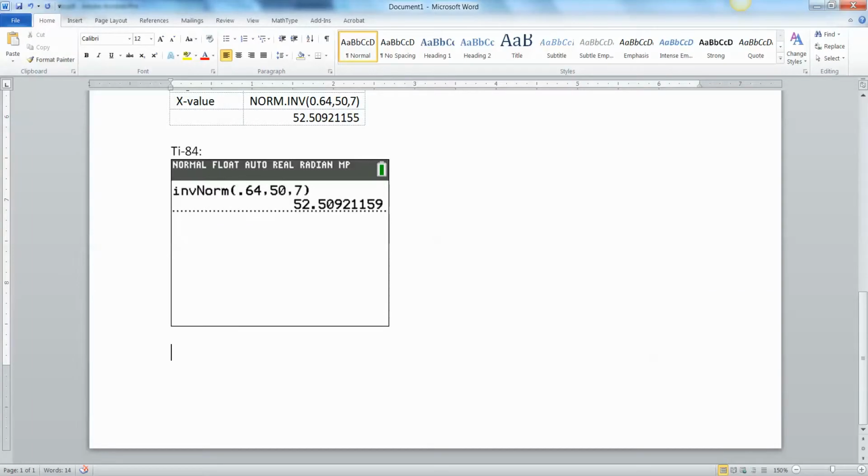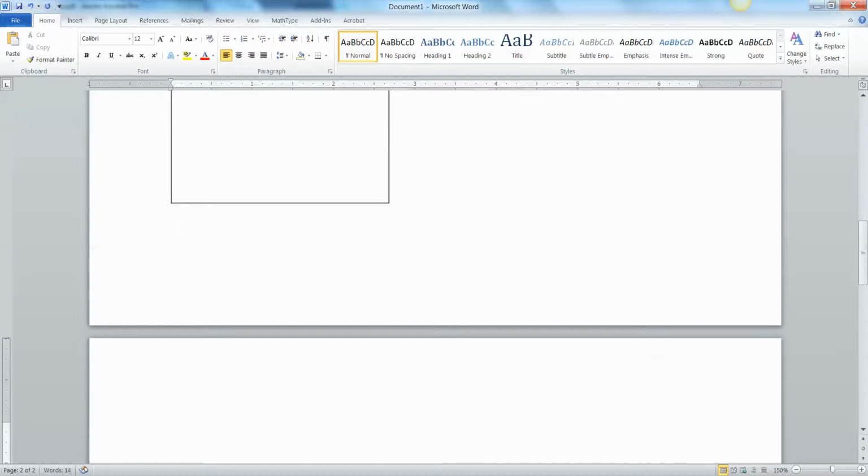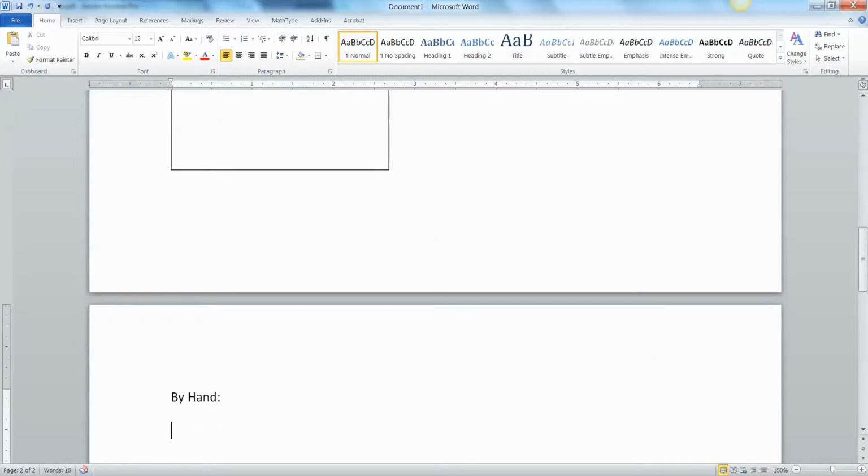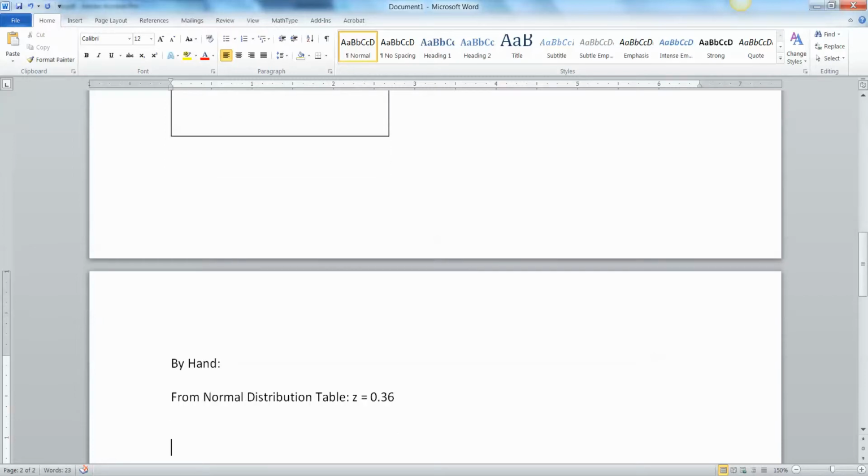Let me do this by hand here. Not that anybody would really want to, but you know, in case you're stuck. So from the normal distribution table, the z is equal to 0.36-ish, right? Obviously, this is not going to be as accurate. Now, remember the formula for z-score, also learned in section 3.4.